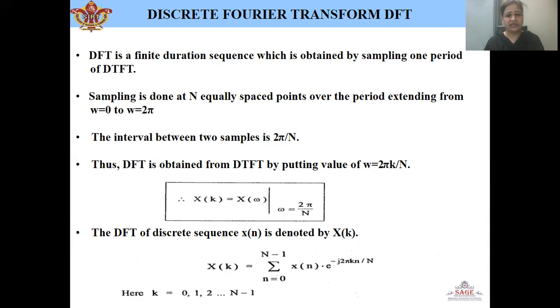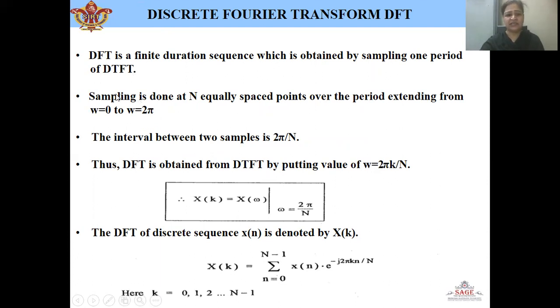For converting it into the discrete domain, we will sample one period of DTFT. Whenever the sequence is periodic, we always analyze it for one period, because the same analysis holds for other intervals. So DFT is a finite duration sequence obtained by sampling one period of DTFT.